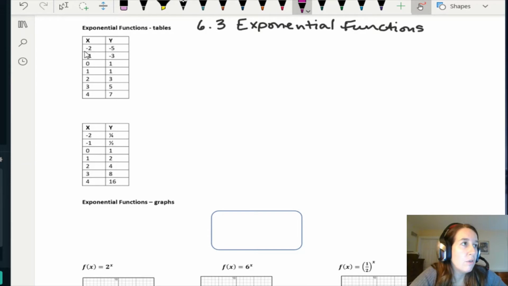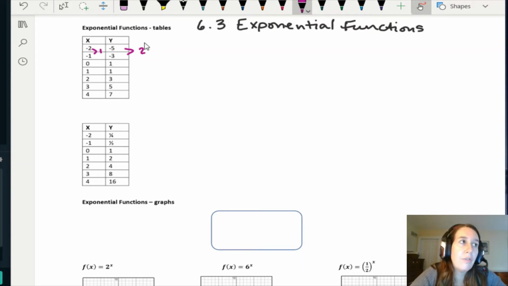The first thing that we could compare in a table is how the y values are increasing as the x values are increasing. If you notice in this table, every time the x value goes up 1, so this is -2 to -1, that's going up 1, the y value is, for this first one, going up 2.